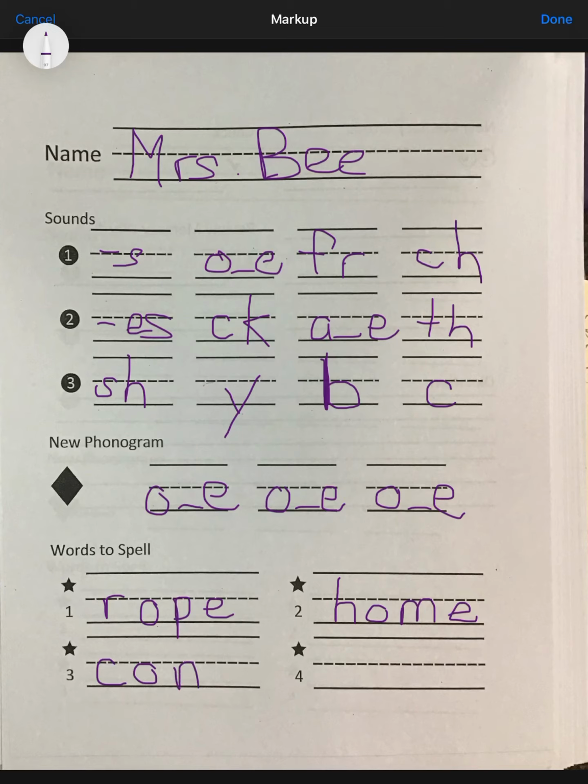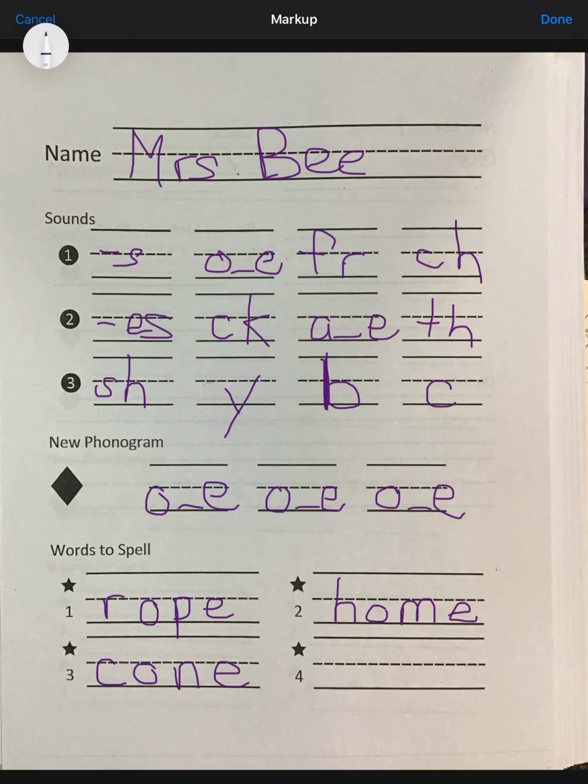Cone. Well, that looks like it says con. Right. My magic E. Now it says cone.